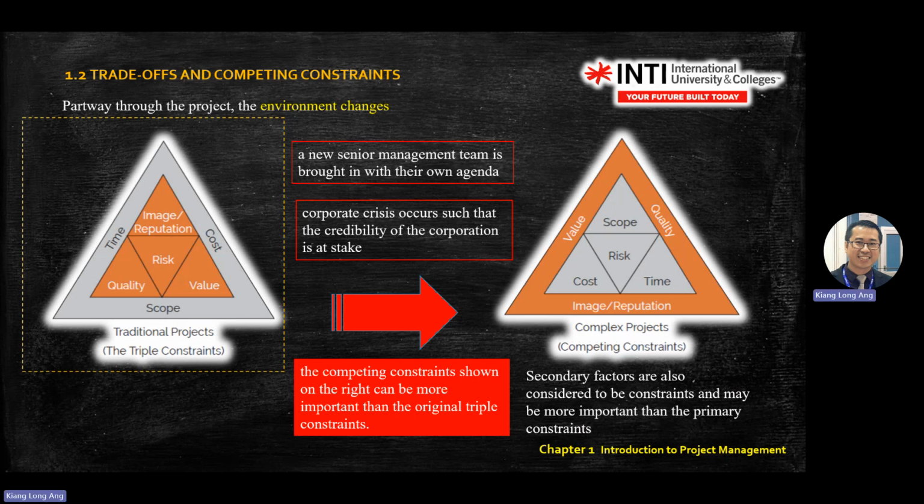The location is also not very fixed. You can put risk here, image here, also can. What is important is the two zones: the zone outside and the zone inside. The zone outside is the primary one. It means if it's the outside one, they will spend a lot of effort or money to achieve that goal.